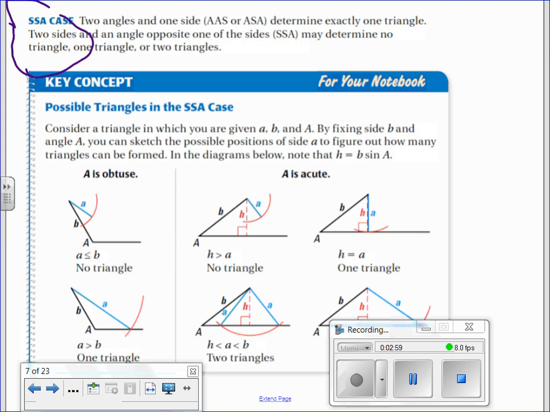And I'll sketch out what a side-side-angle case is. If I know this is 12, I know this is 15, and I know this is 27, there could possibly be two triangles that would have those dimensions. One would be acute, and one would be obtuse. Possibly, maybe. We shall see when we solve.